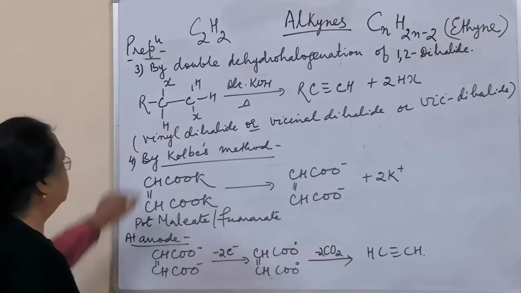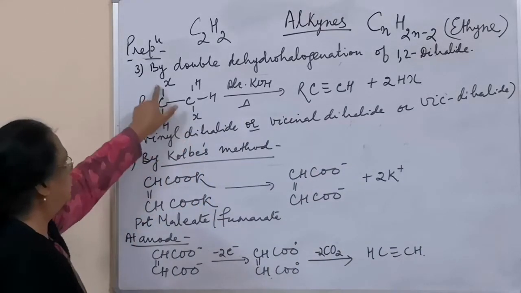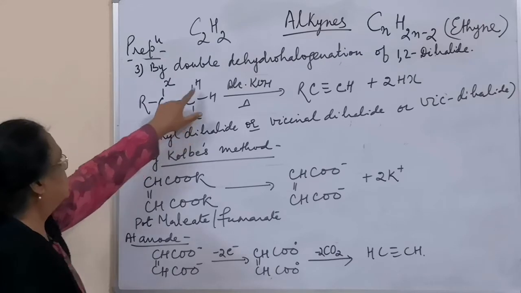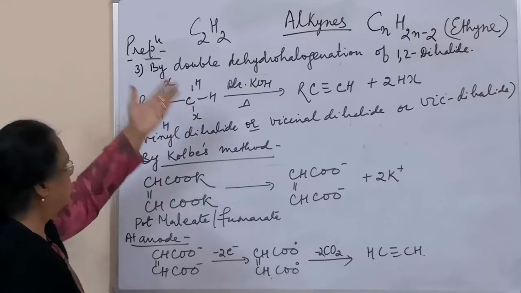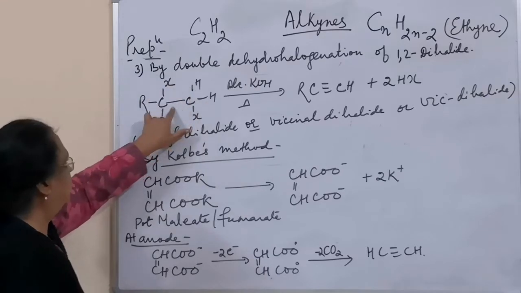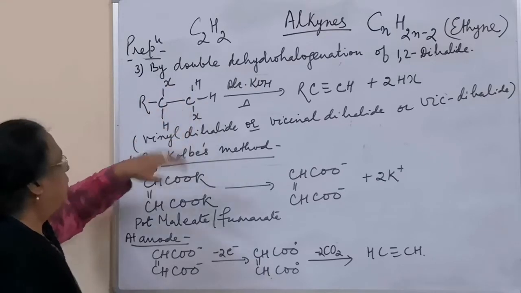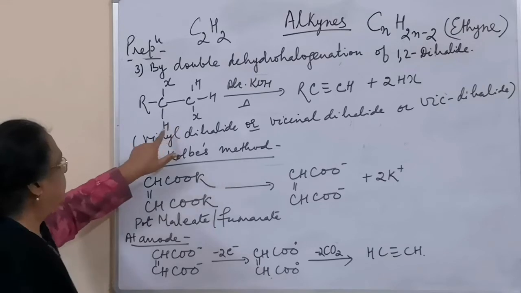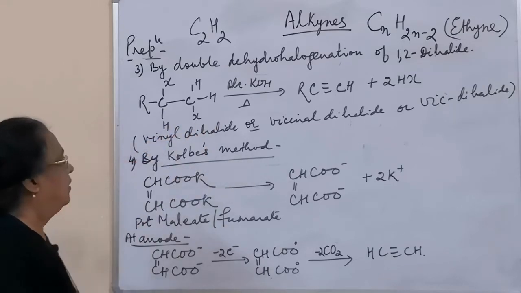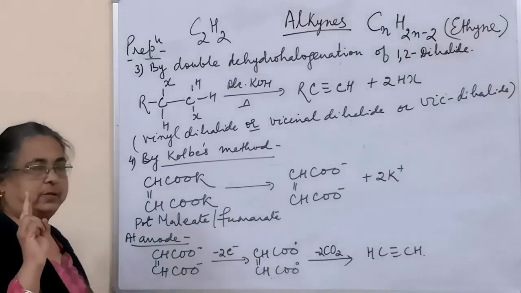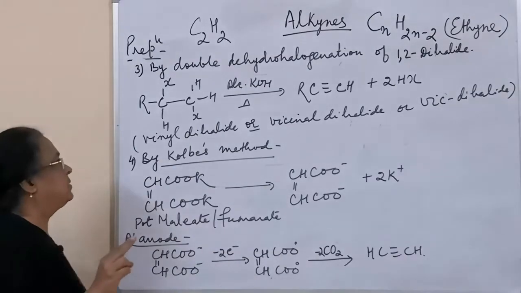Dihalide means 2 halogens, so this is a compound which has 2 halogens. First this hydrogen and this halogen will be out. Then when these 2 are out, a double bond will be generated. Once more this hydrogen and this X will be out, giving a triple bond. So this reaction will take place in 2 steps.